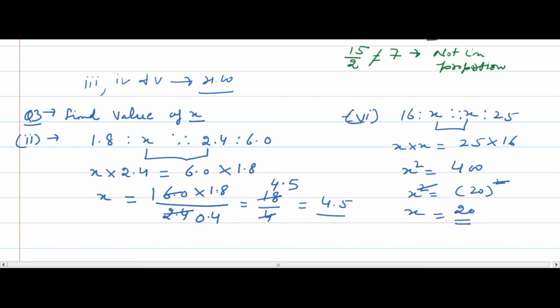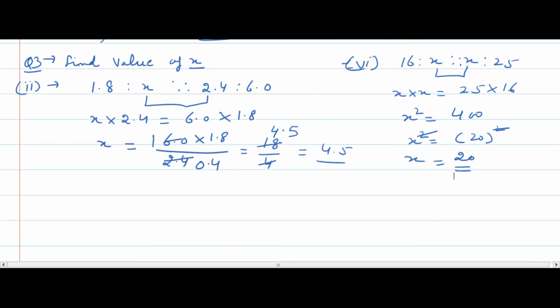Now we will move on to question number 4. So what is this question number 4? Question 4. We have to find out what?